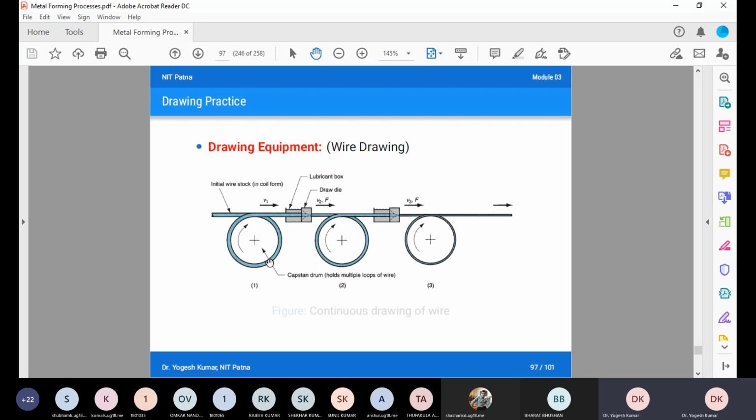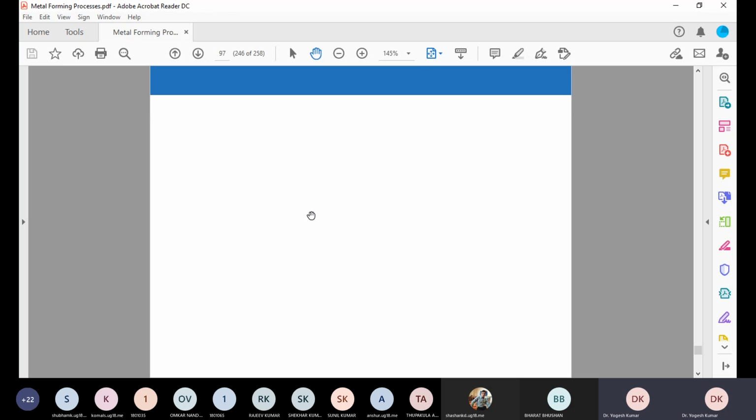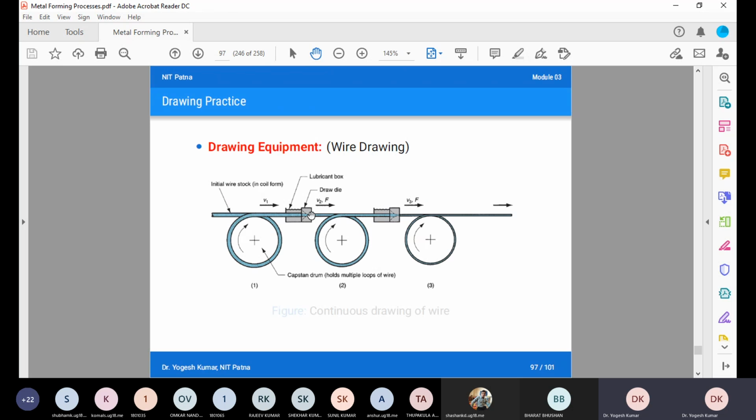After that it passes through a die, through which there is a certain amount of reduction in your wire. After that there is another capstan drum, on which there are again multiple loops of wire.